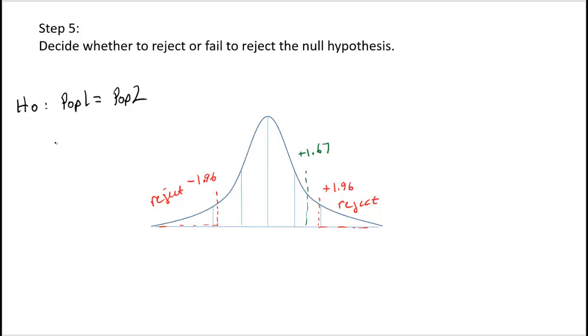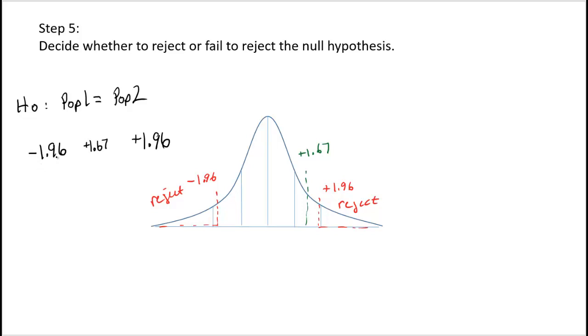So we plug in our rejection zones, negative 1.96 and positive 1.96, and in between we have our sample's z-score.